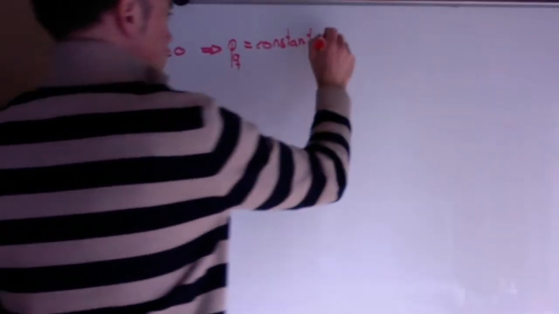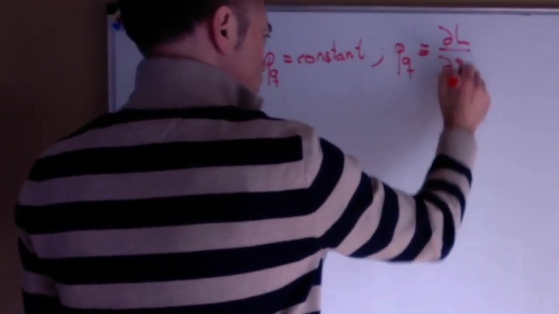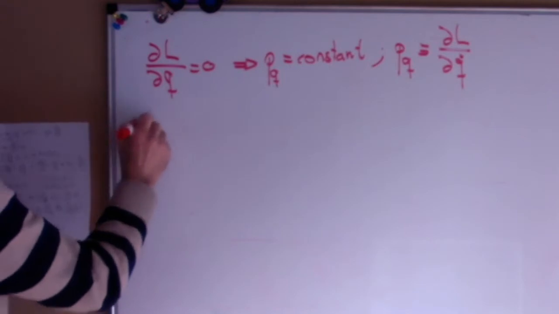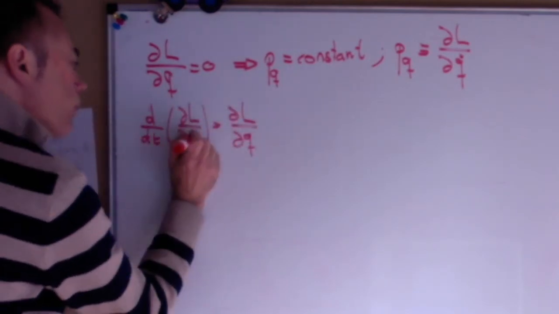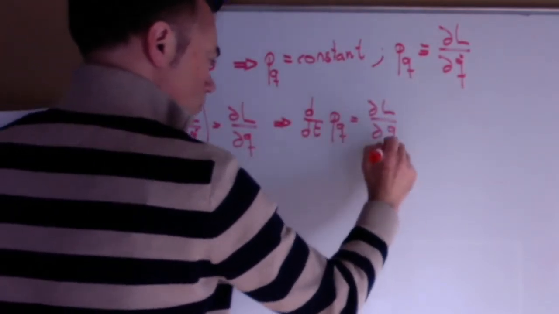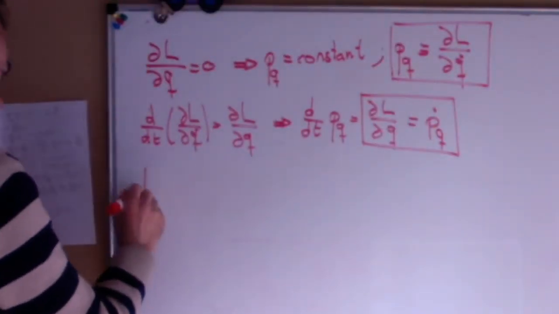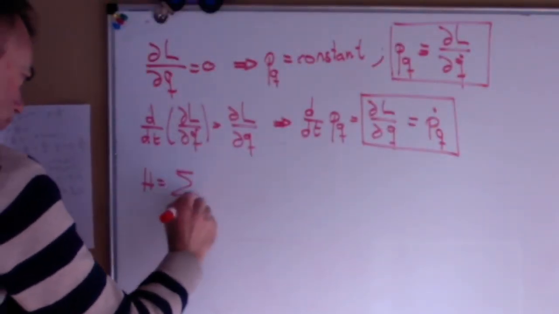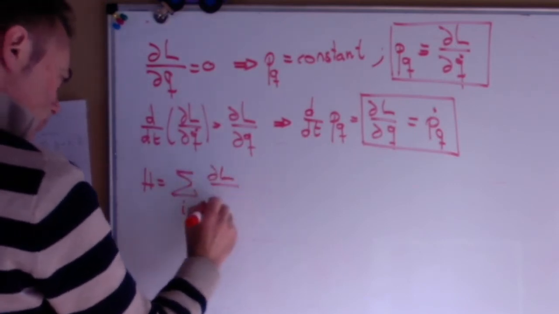This generalized momentum could be written as the partial derivative of the Lagrangian with respect to the velocity q dot. We also saw that if the Lagrangian does not depend explicitly on time, then energy is conserved.